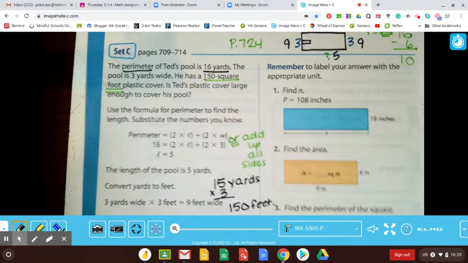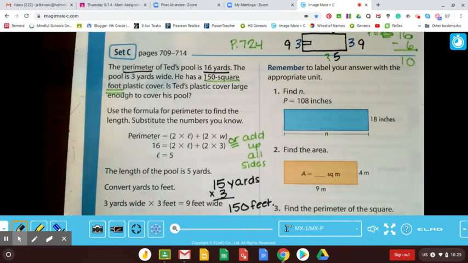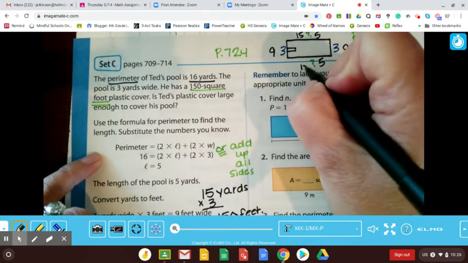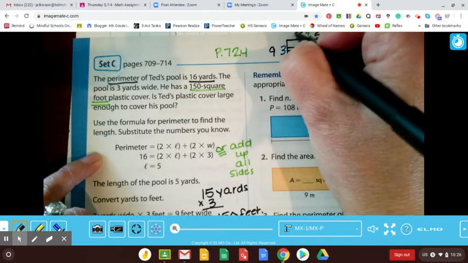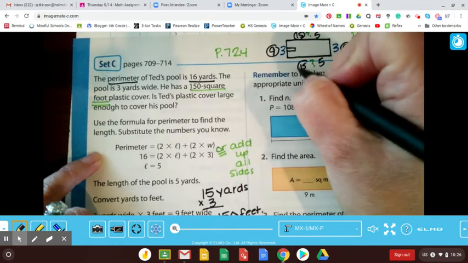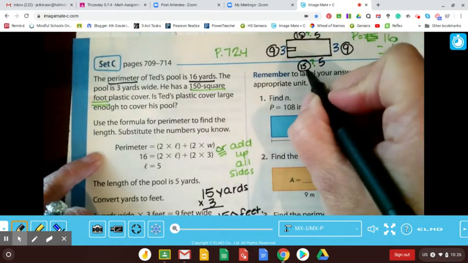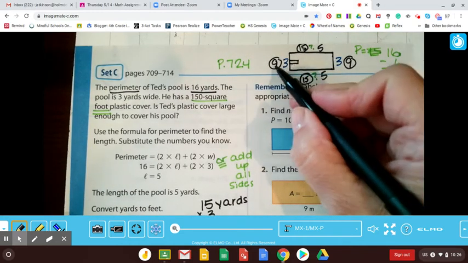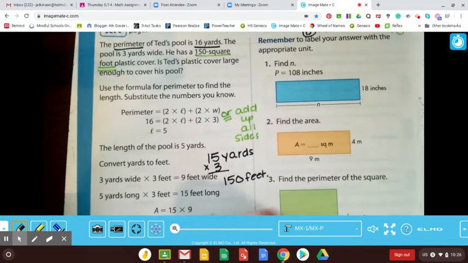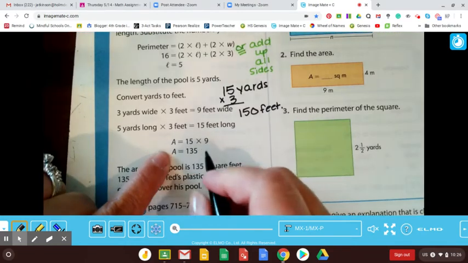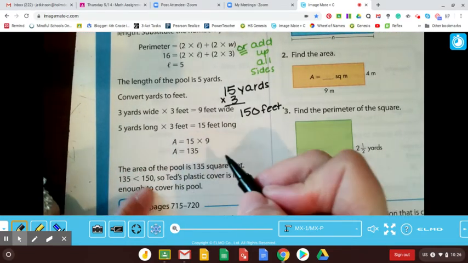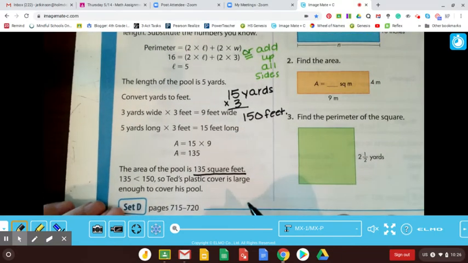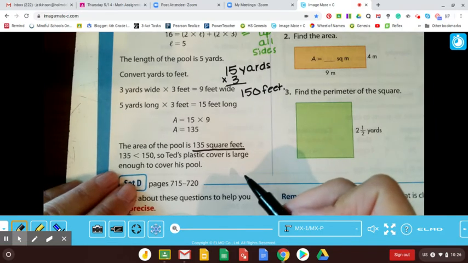And we already know that 5 yards times 3 feet would be 15 feet. 15 and 15. I wish I would have done this in a different color. Let me circle them. Okay, so instead of now it's showing yards, this is the feet conversion. And if we multiply 15 times 9, it's telling us the answer, we're going to get 135. So the area of the pool is 135 square feet if we were doing feet.